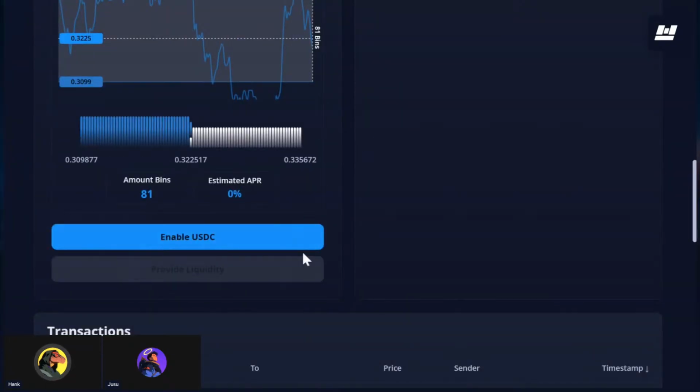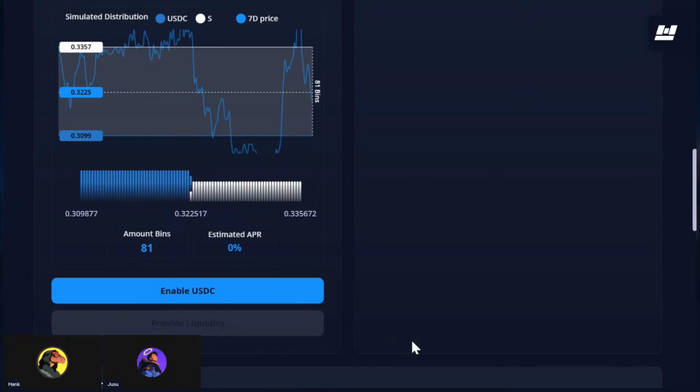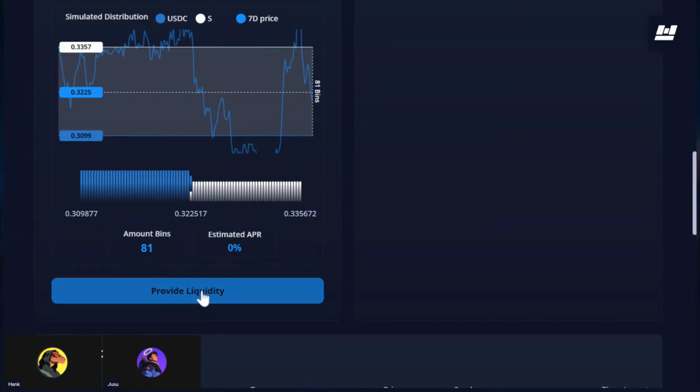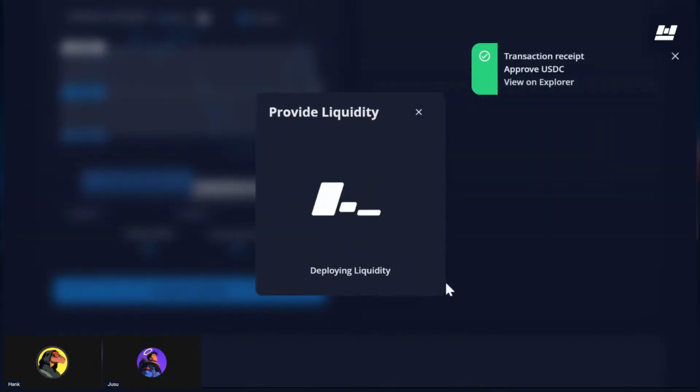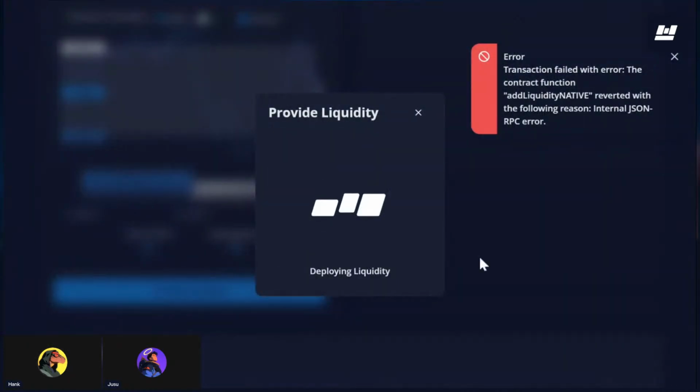And here in this case, I'm just going to take this one. It's quite easy. Going to enable USDC, confirm, and provide liquidity. Important to note is I need to provide both. Whoop.